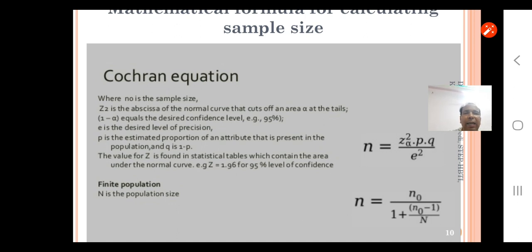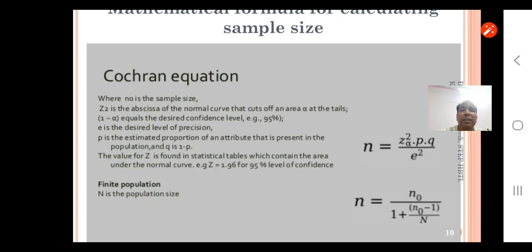That will be given if we are solving a numerical. Otherwise, as a researcher, we have to decide what desired level of precision I should get for my research. This is the formula.